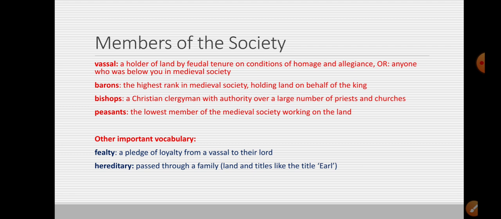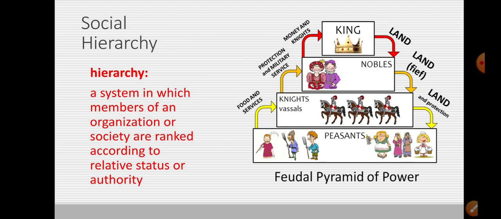Or basically anyone who was below you in the medieval society was your vassal. So for example, the king on top. The king's vassals were the nobles. The nobles had their vassals as the knights, and the knights' vassals were the peasants.